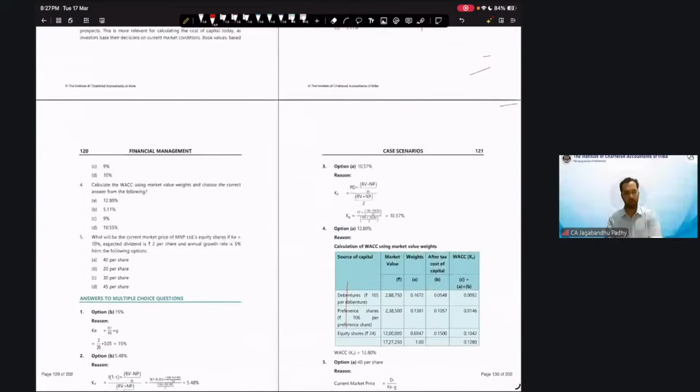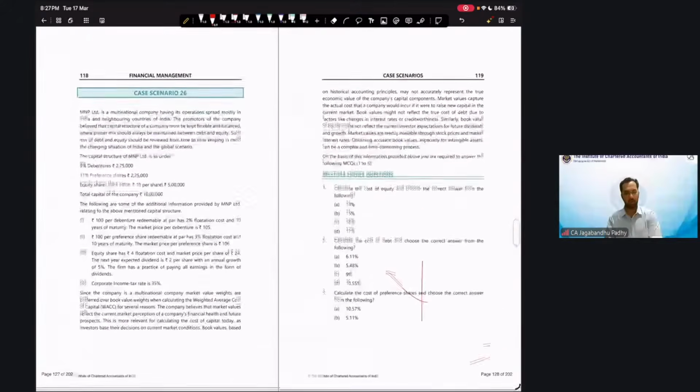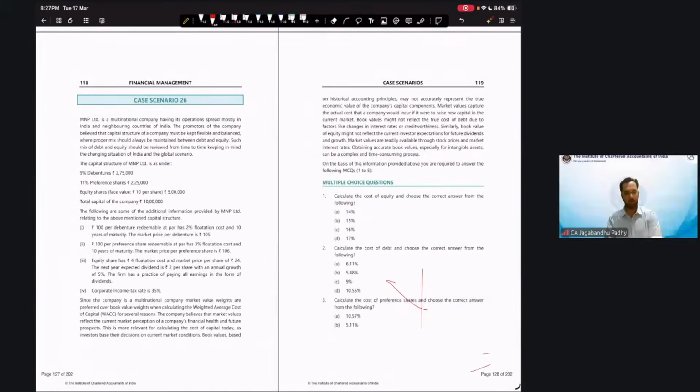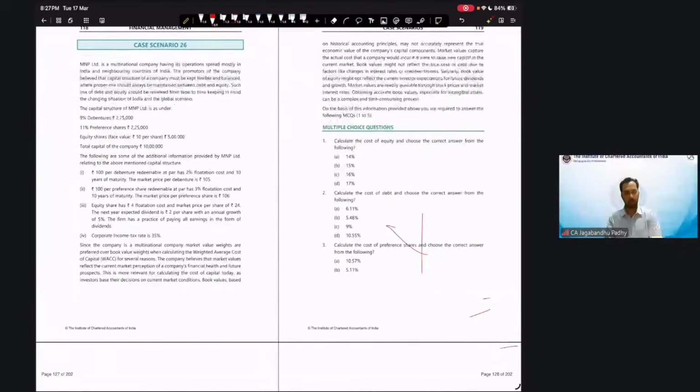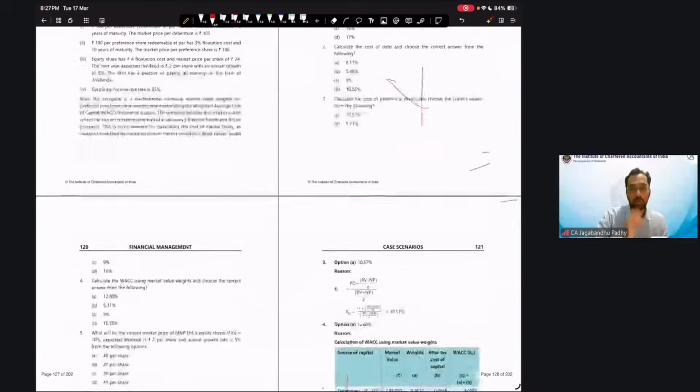Okay. In the question, 100 per debenture, redeemable at par, has a flotation cost of 2% and 10 years of maturity. The market price per debenture is 100, and in this ICAI is taking a net proceed of 98. Can you go for 110 less flotation cost? No, because we are calculating here.